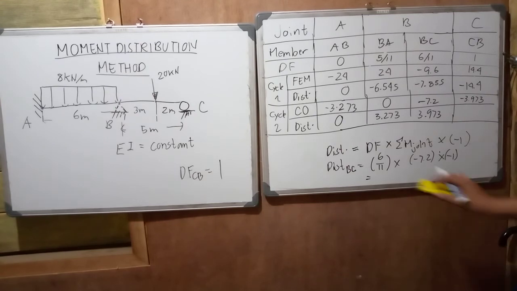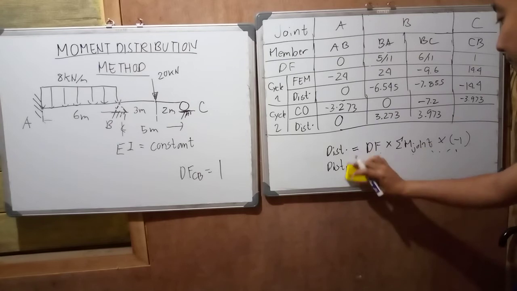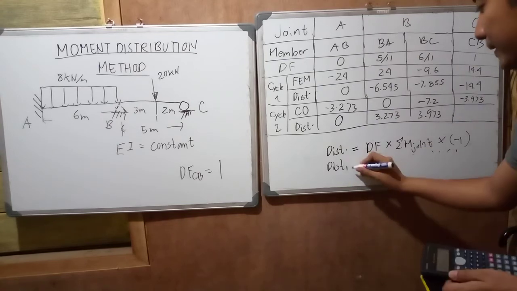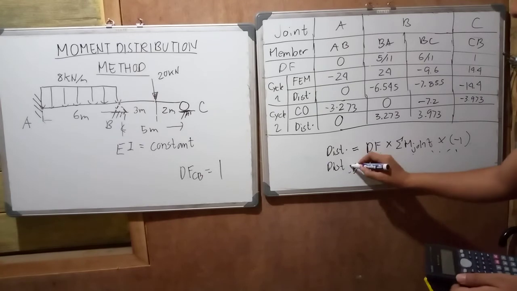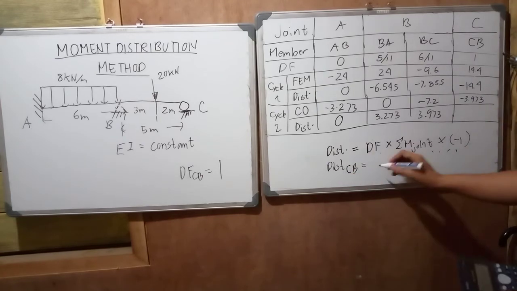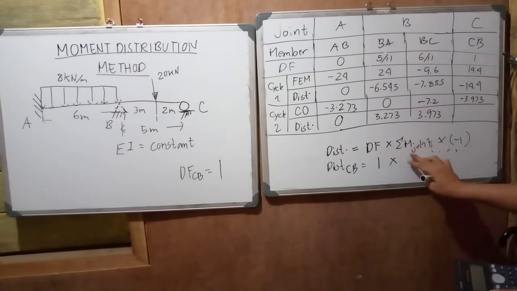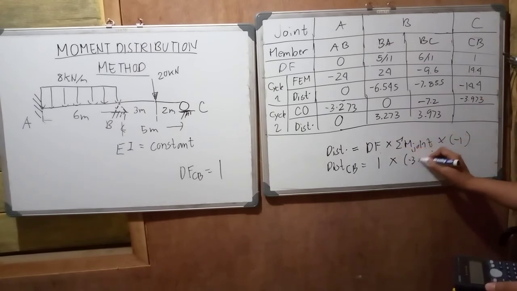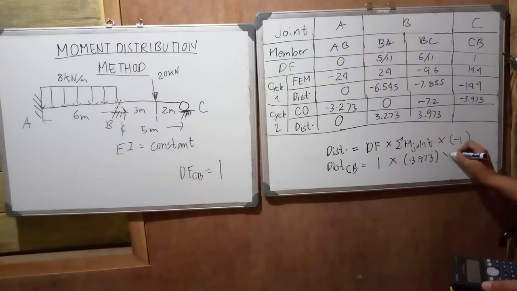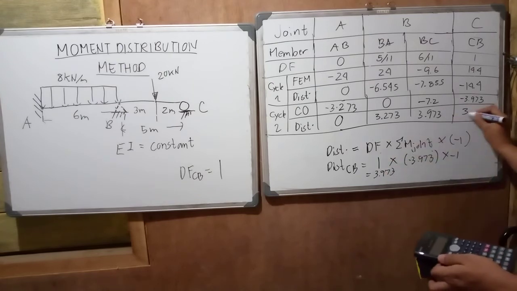So, kay distribution factor ulit tayo kay CB. So, distribution moment at CB is DF, which is 1, times summation of moment at joint, which is negative 3.973 times negative 1. So, therefore, magiging 3.973 positive siya. Okay? Yan.